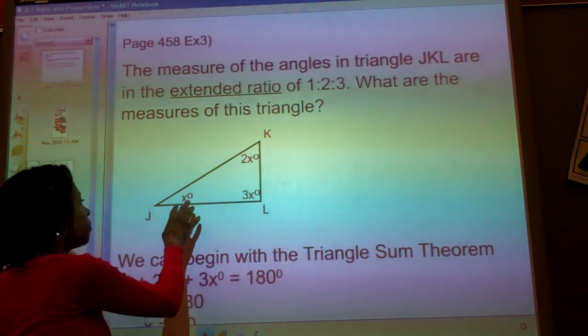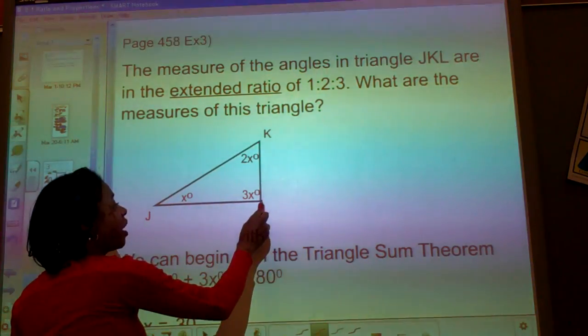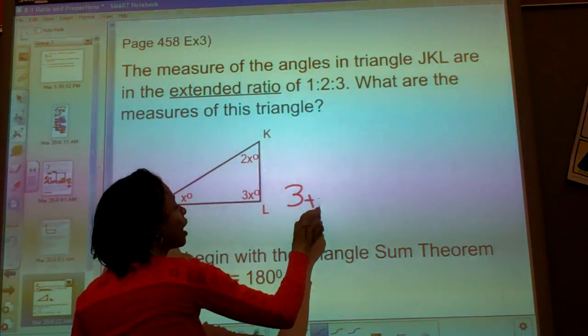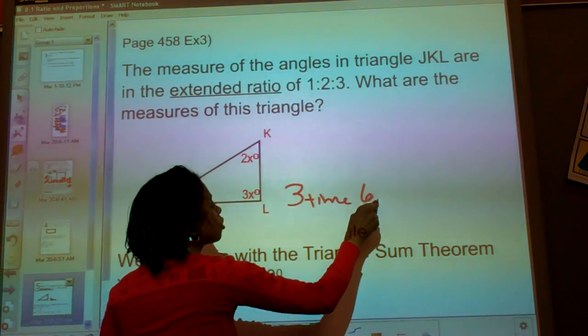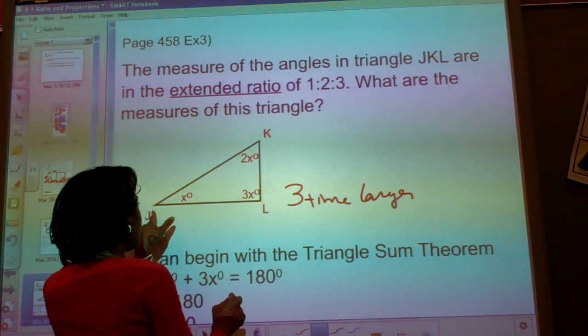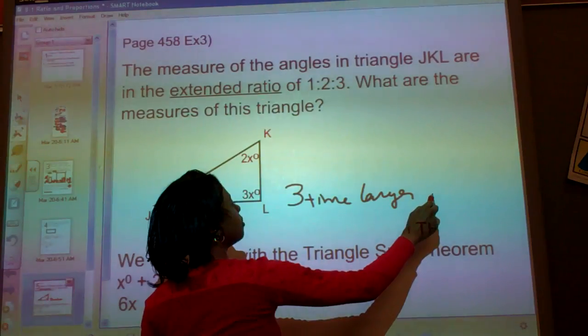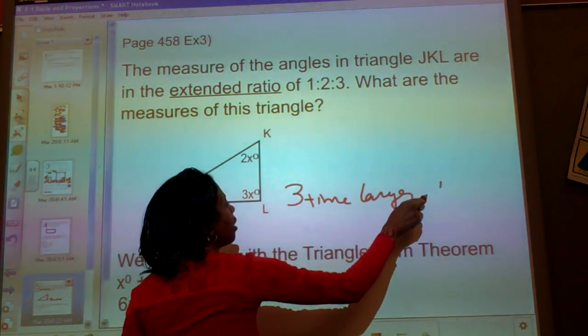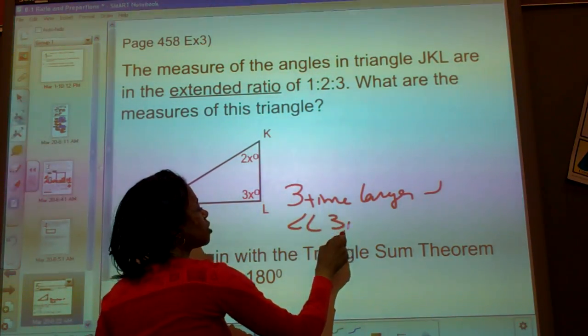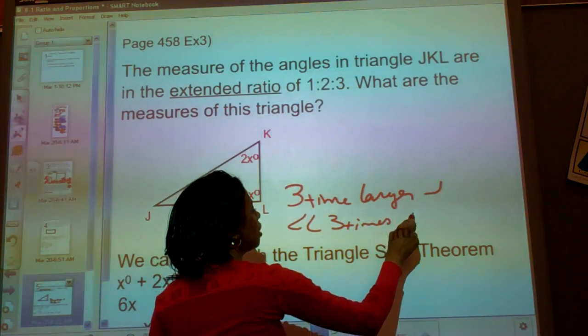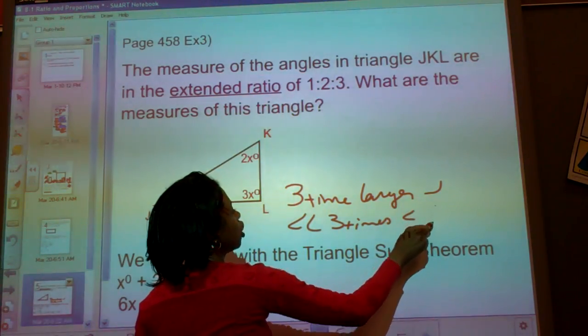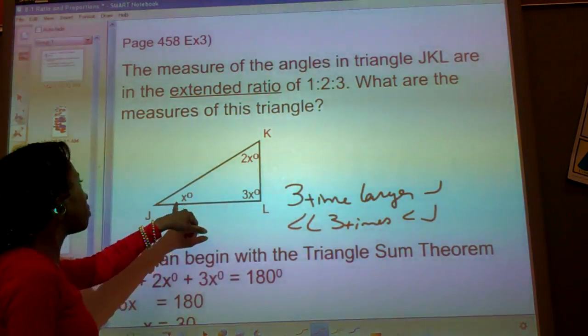What that simply means is that angle L is going to be 3 times larger than angle J. And what does that also mean if I'm looking at angle J?